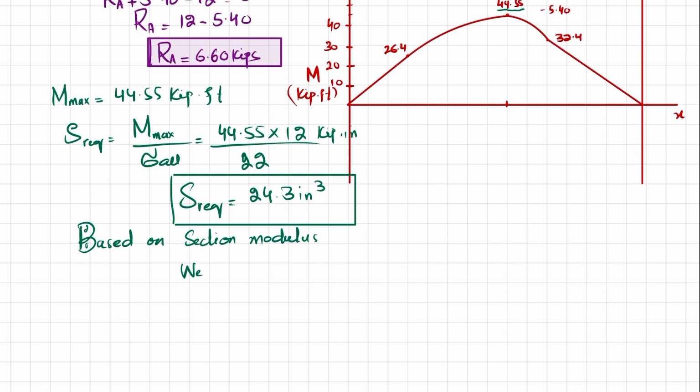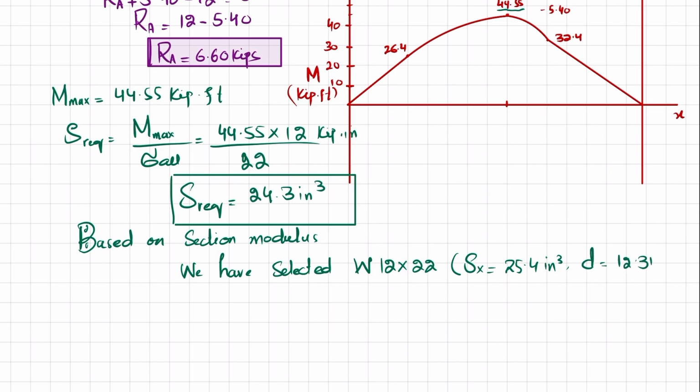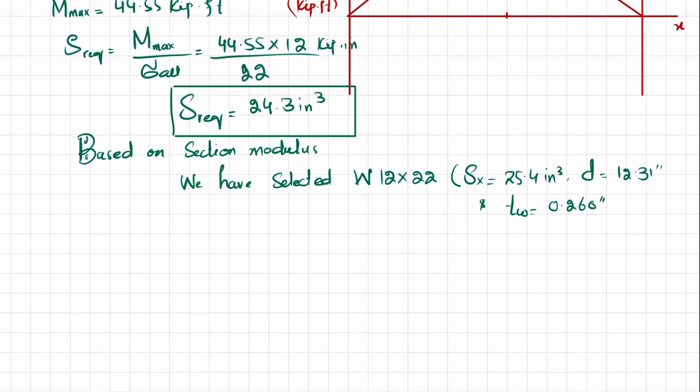Some properties of W12 by 22: section modulus was 25.4 cubic inch, its height was 12.31 inch and its thickness of web was 0.260 inch.